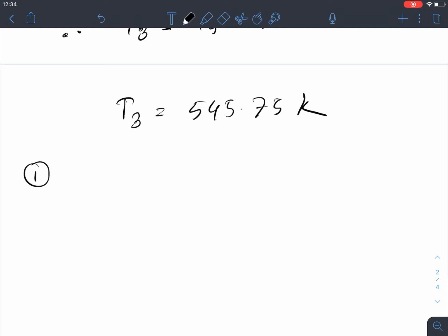So question number 1 is asking us what is the Q in, the heat addition rate. So it is asking us the rate. That means we have to determine it in kilojoule per second, right?